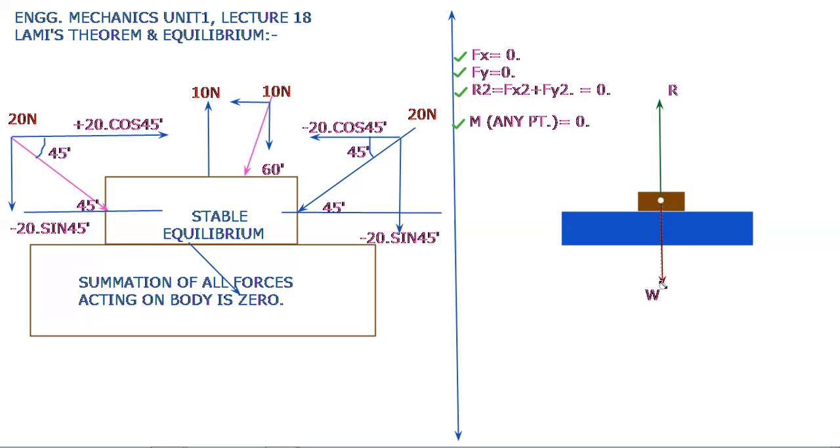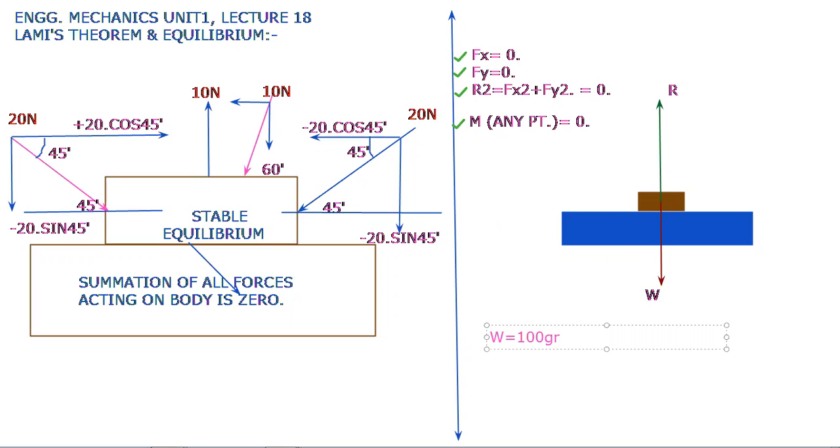Now the value of W will be exactly equal to the value of R. If W is 100 gram, then R will also be 100 gram. But gram is the mass. You have to convert the mass into Newton. If W is equal to 100 gram, then you have to convert this gram into Newton.